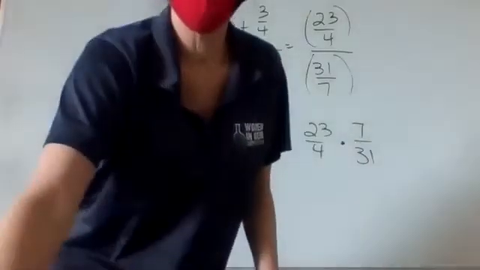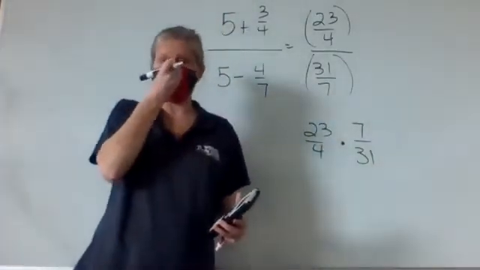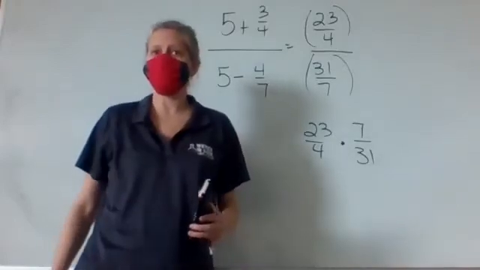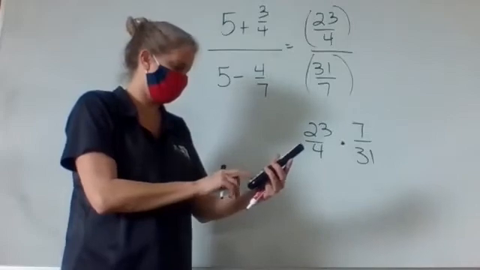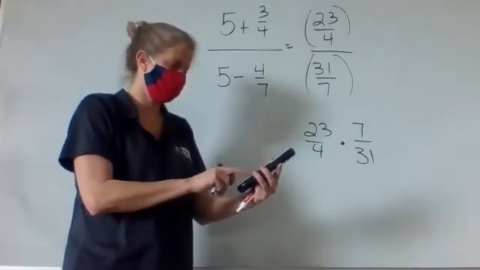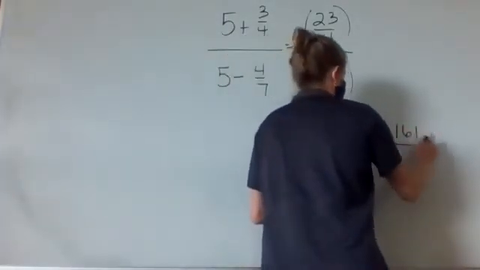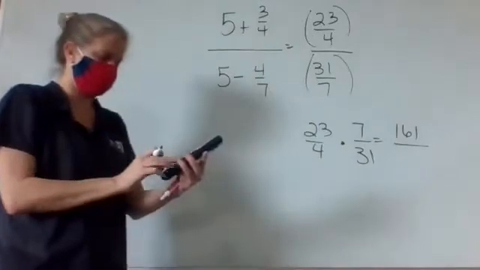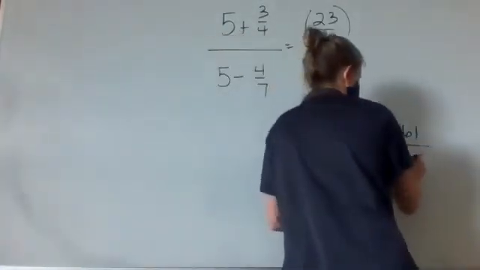Now remember, multiplying fractions is the easy kind, right? You just go straight across from top and bottom. So up top, I have 23 times 7, which gives me 161. 4 times 31 in the bottom gives me 124.